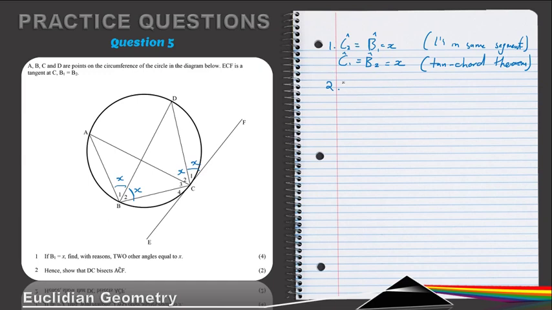So we know that C1 is equal to C2, and therefore DC bisects ACF.